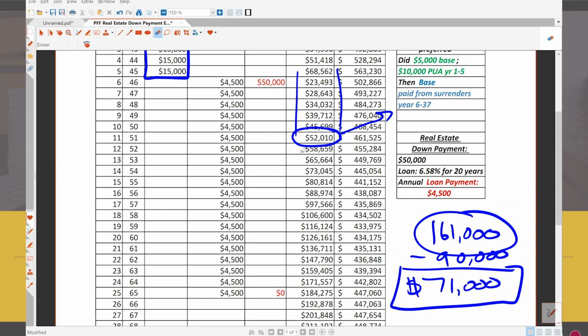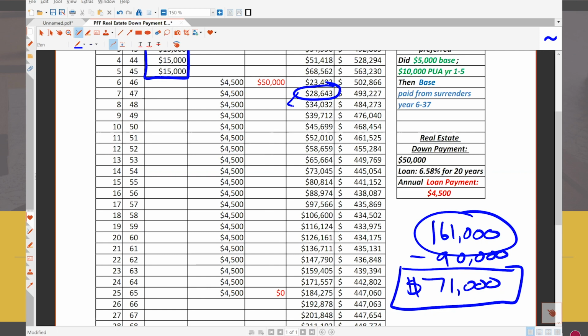That would be foolish. One other thing to note is just really what's going on inside here. If we take a look, even at just the year after we took out the policy loan itself, you'll notice we had $28,000 the year after. And the next year it grew from $28,000 to $34,000.